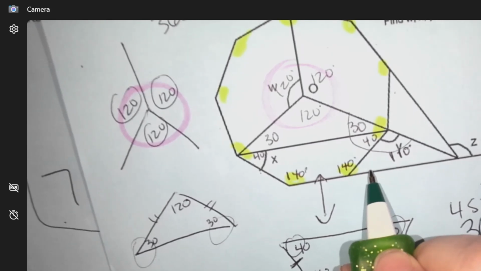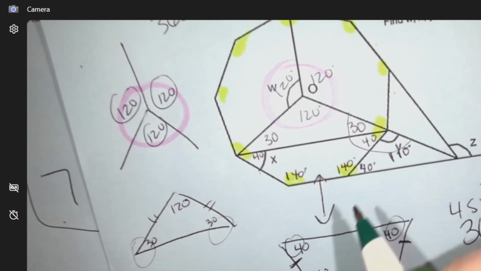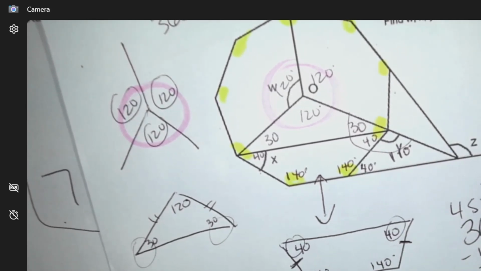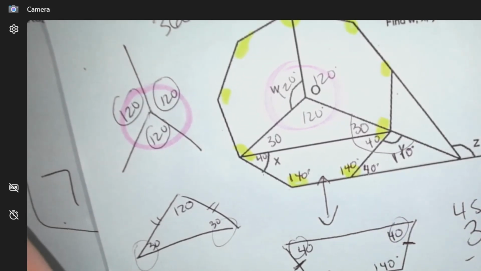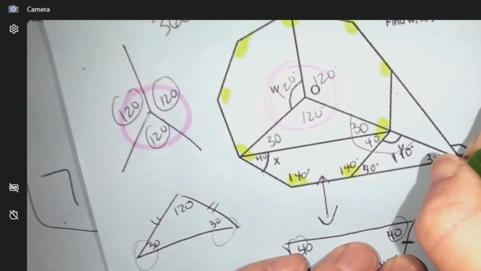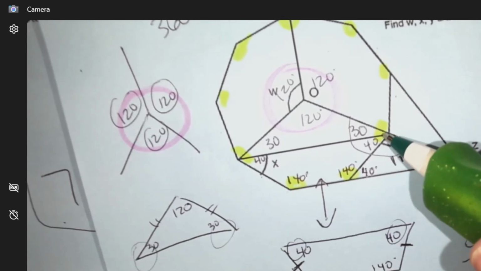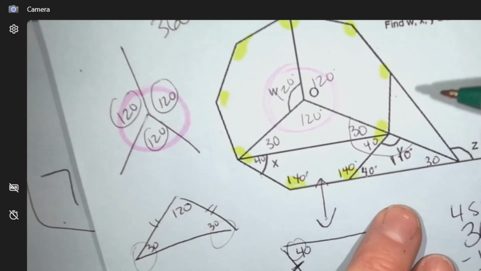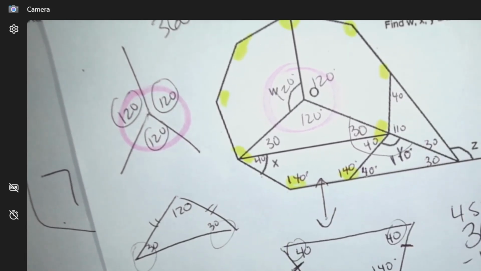Directly beside the 140, what's directly beside my 140? 40 is 180. And then a triangle leaves me with 30. Okay, this little shape and this little shape are the same, so I can go 110, 40, and 30 in that shape as well.